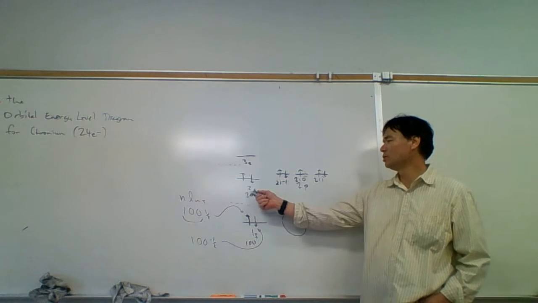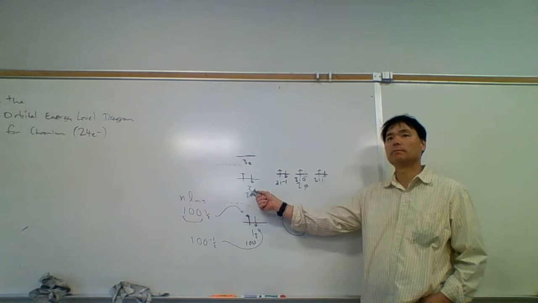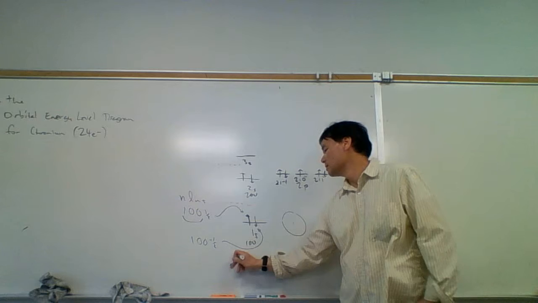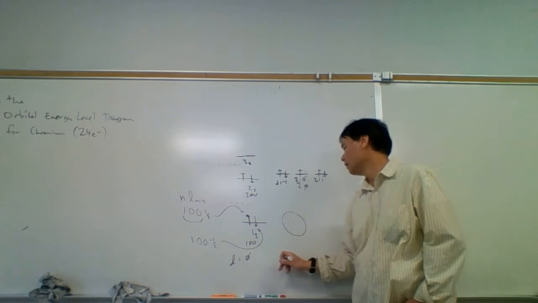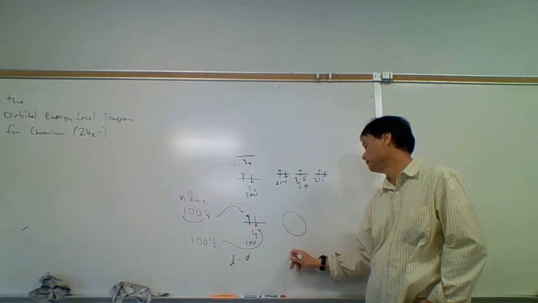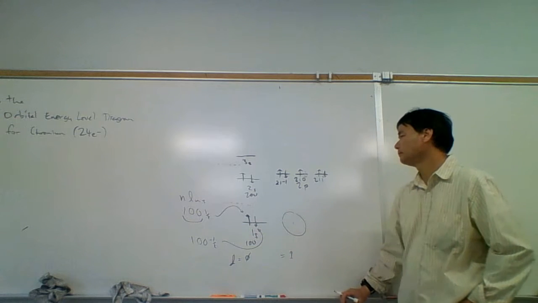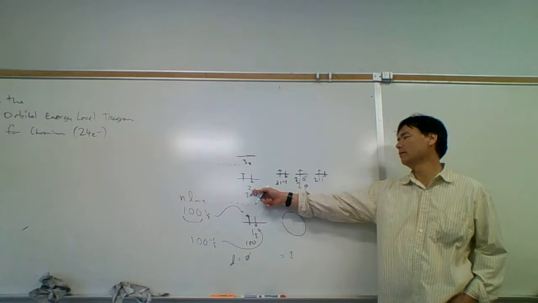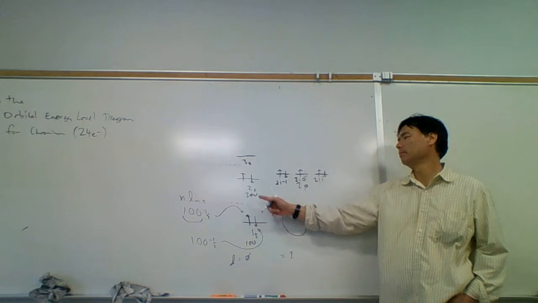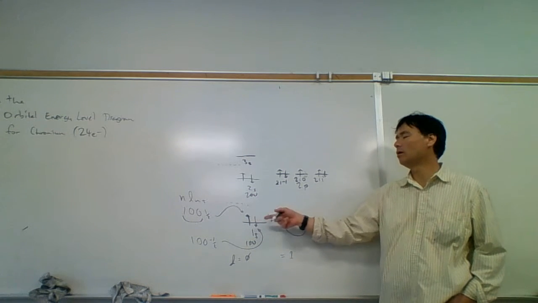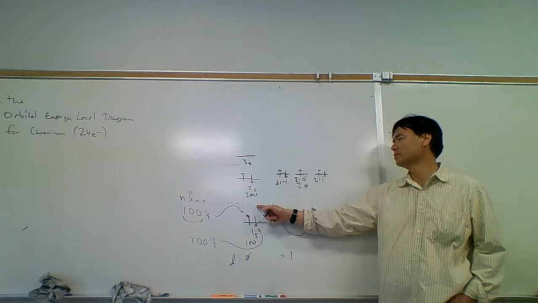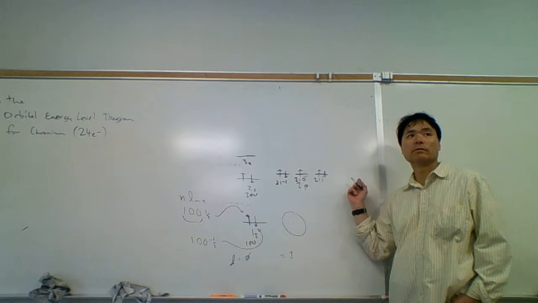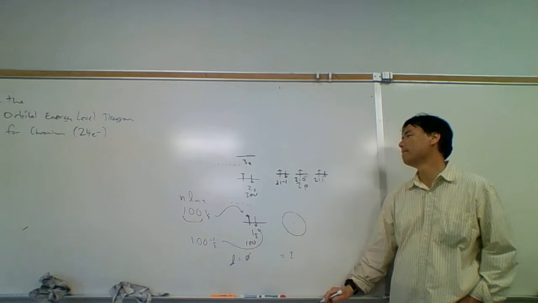If n is equal to 2, what's the maximum L? This is L equals 0 here, and then L equals 1 here. If n is equal to 2, what's the maximum L? 1. And so I'm allowed all. So L equals 0 is allowed, L equals 1 is allowed, L equals 2 is forbidden.